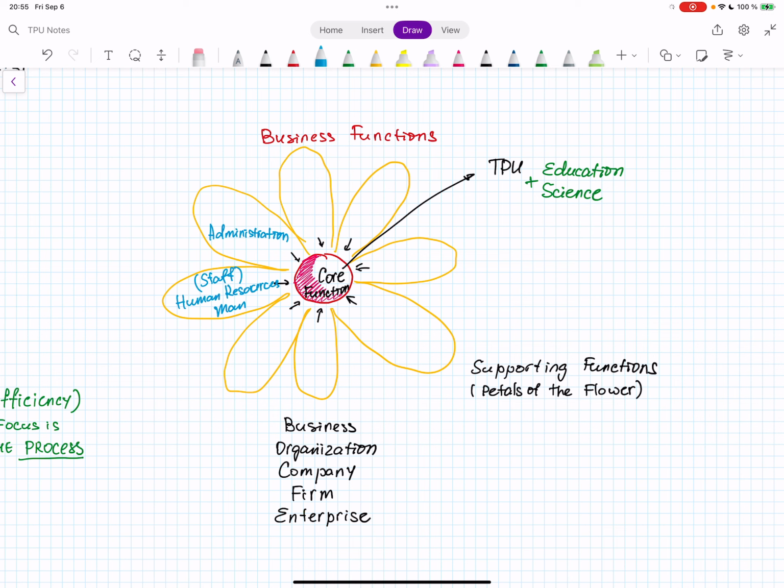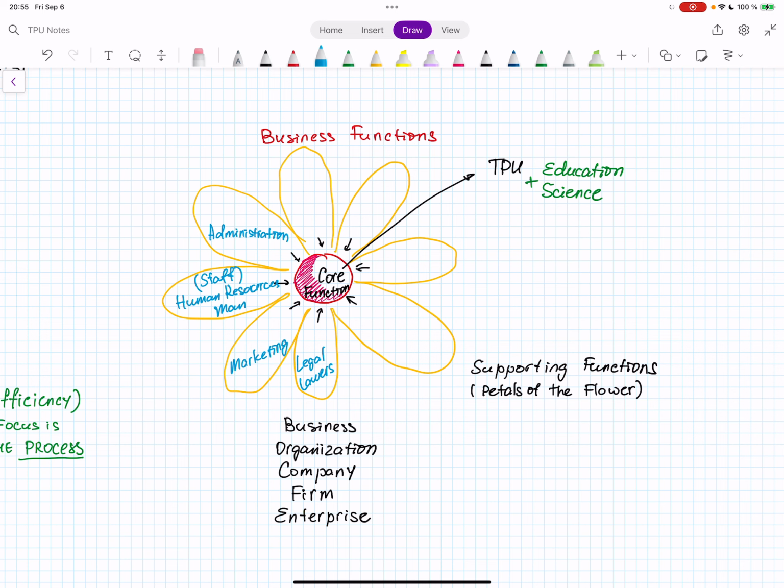Also, you need marketing to advertise your services, so that students will come, teachers will come. Also, you need a legal function. You need lawyers, people who know the law and can do the contracts in the right way and help with it.